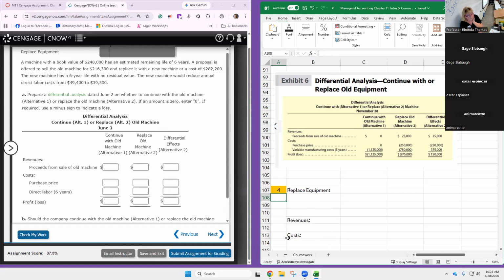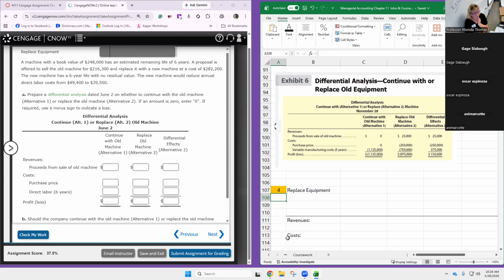$282,200. The new machine also has a 6-year life, which I find weird, but anyway, all right. The new machine also has a 6-year life with no residual value. So if we hang on to that piece of equipment, it may last us 6 years. And at the end of that 6 years, I guess we can't even sell it for scrap.